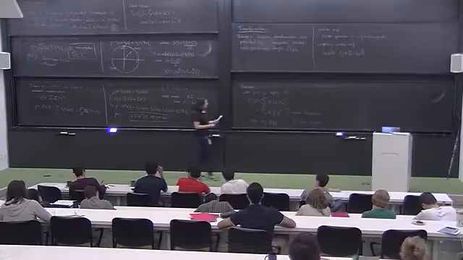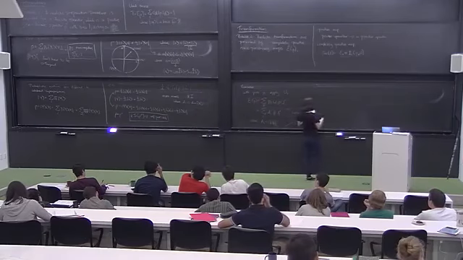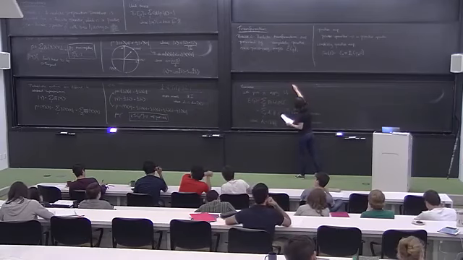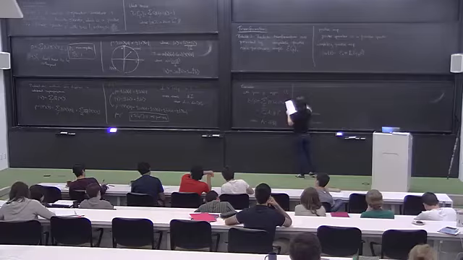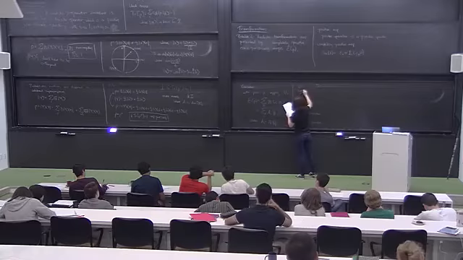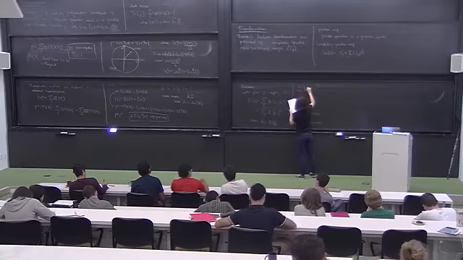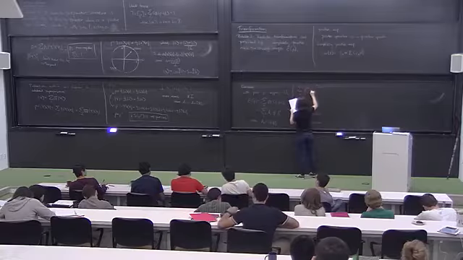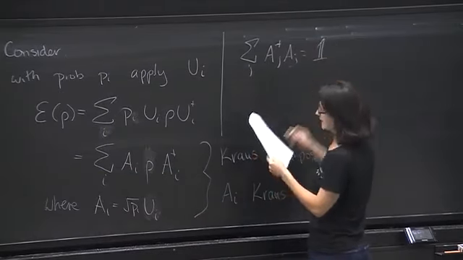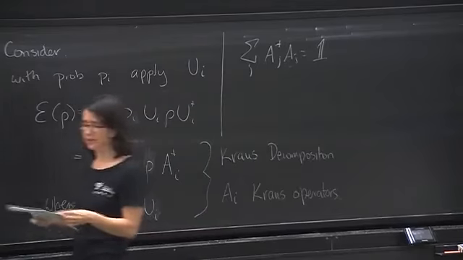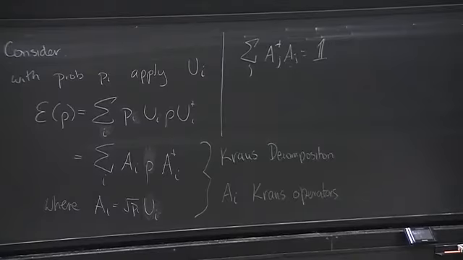Okay, and the Kraus operators satisfy the condition that the sum of A dagger A equals the identity. And that's the trace preserving condition.